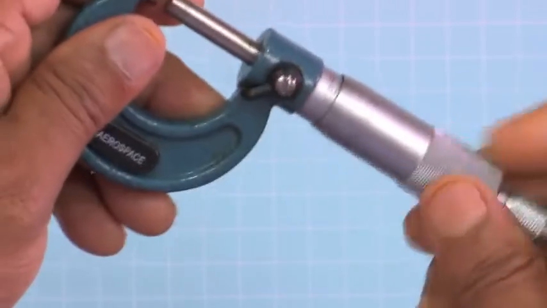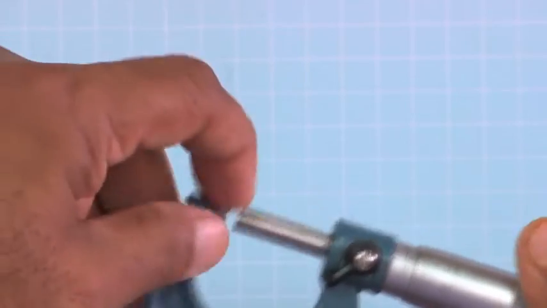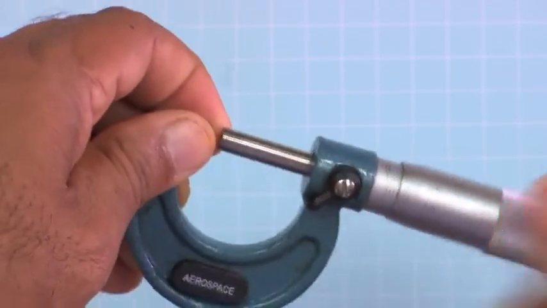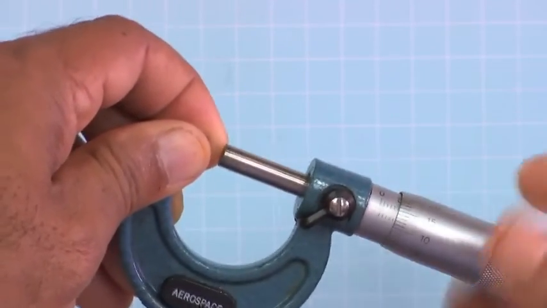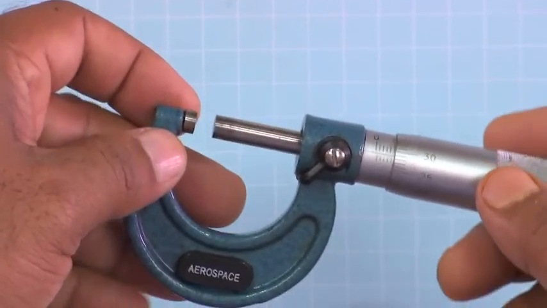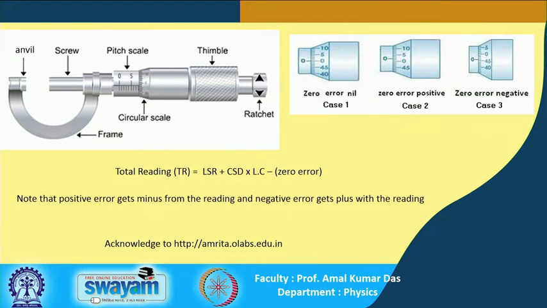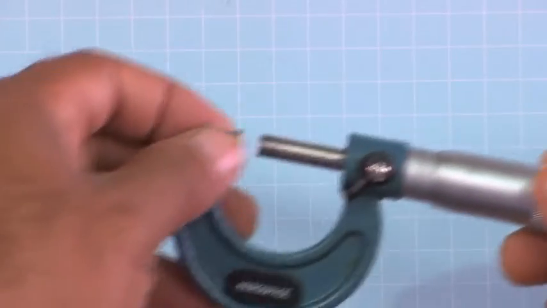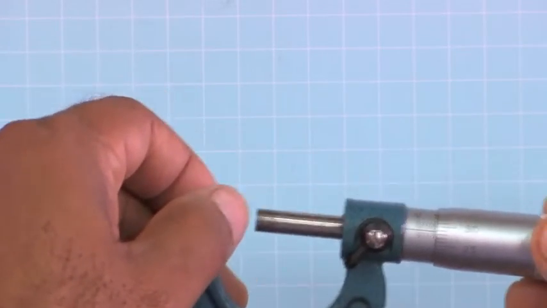The body is placed between these two parallel faces. I will tell you the names of the different parts. This part is called the anvil.